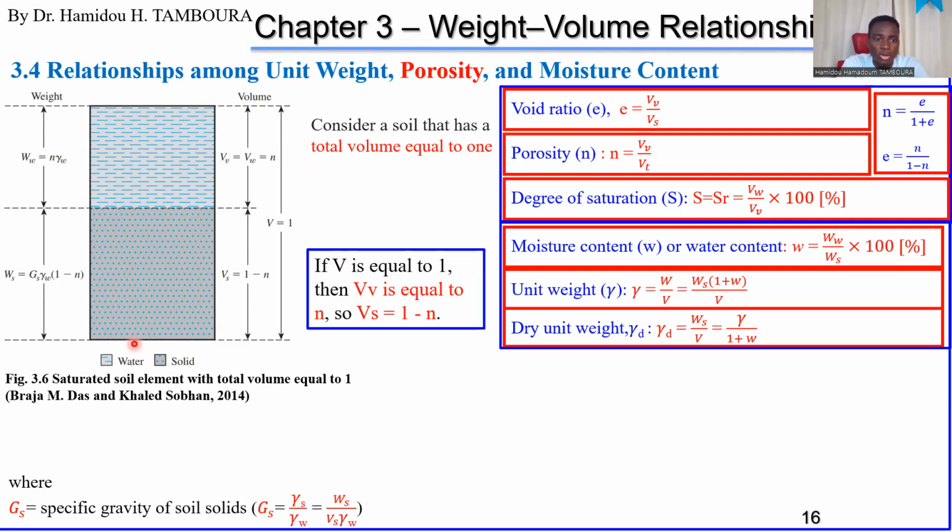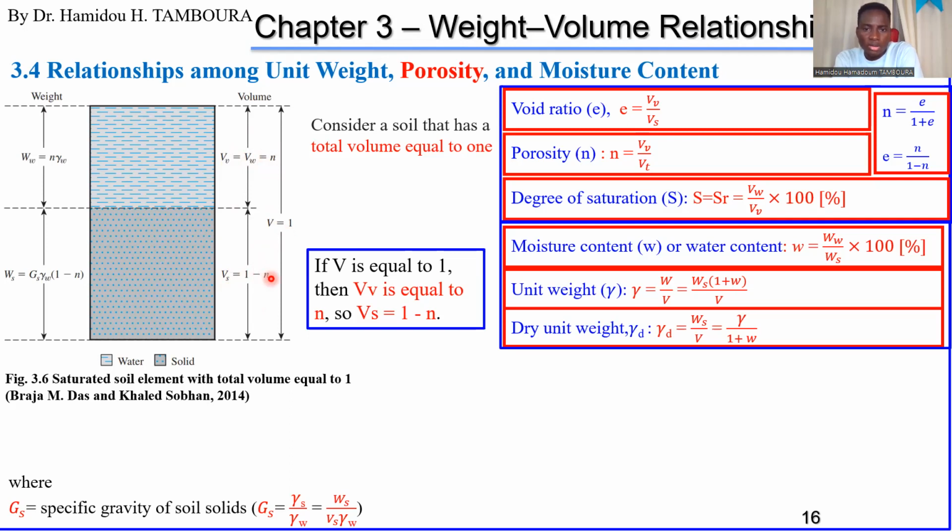In that case, what will happen to the volume of water and volume of void? The volume of water will be the same as the volume of void, which will be N. Same as the previous one, but this time the volume of water is N also. The volume of solid is 1 minus N.